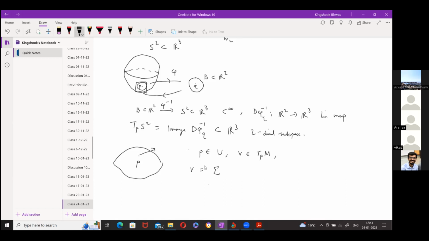One as a summation over i of ai ∂/∂xi at p. And I'm also writing it as the sum over j of bj ∂/∂yj at p, right?